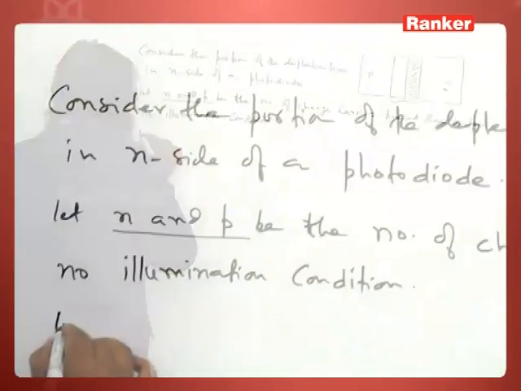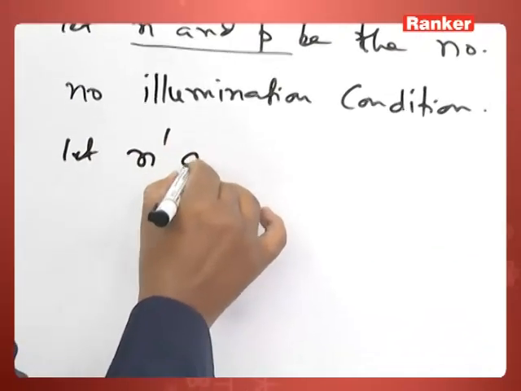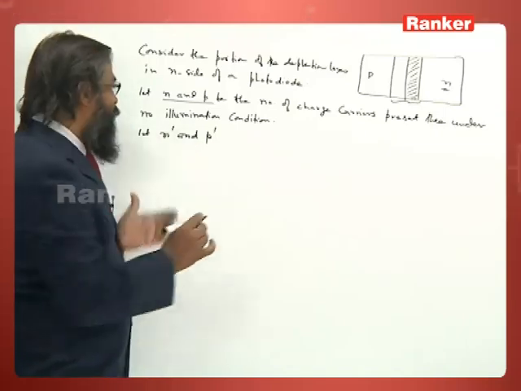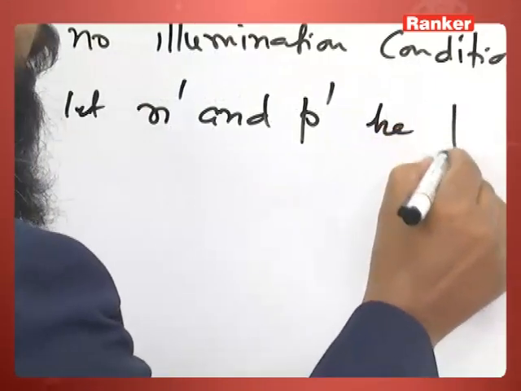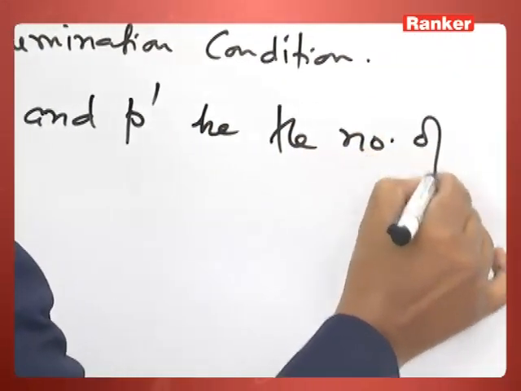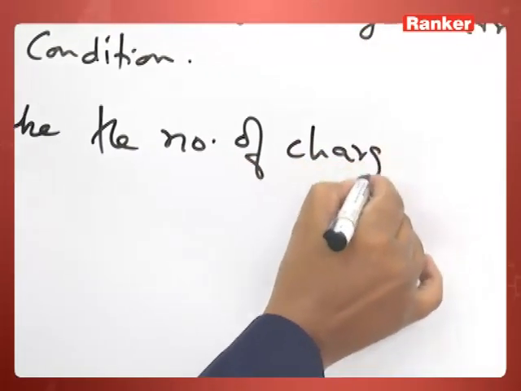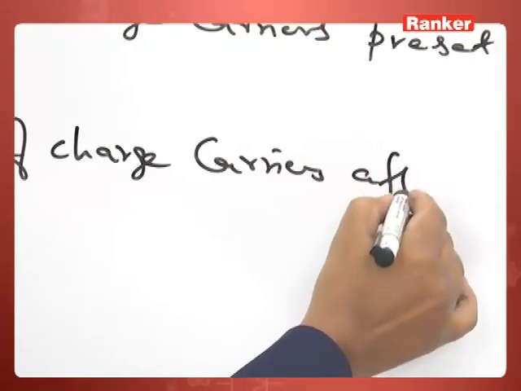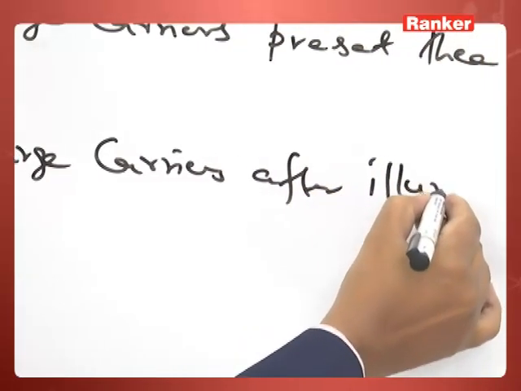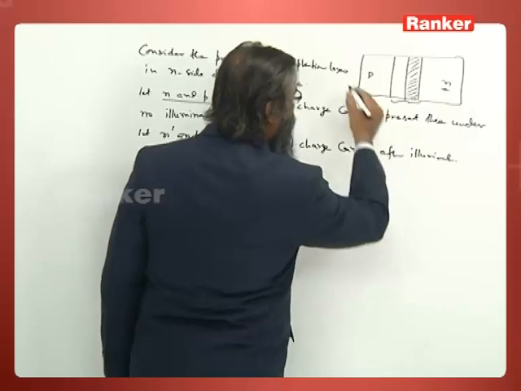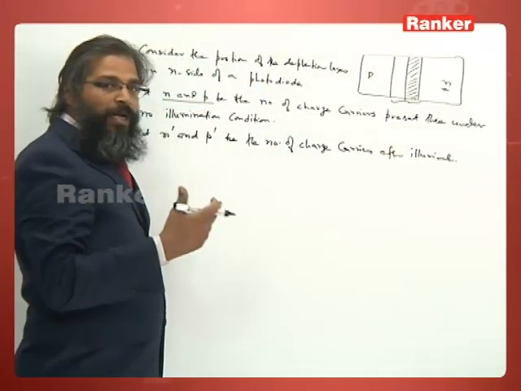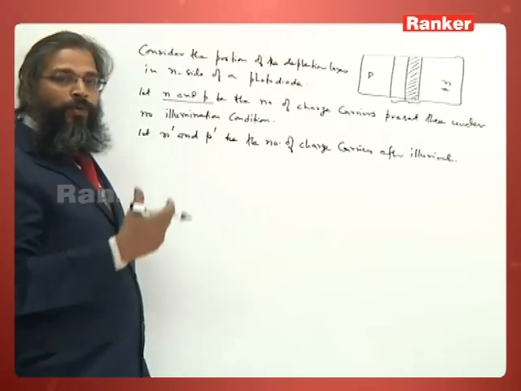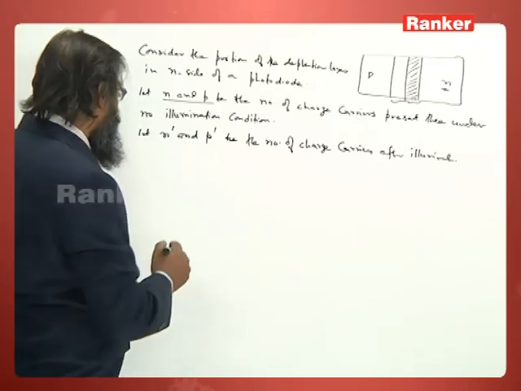Now, let N dash and P dash be the number of charge carriers after illumination. So, when the light falls, the carrier concentration is increased because of more carrier creation.